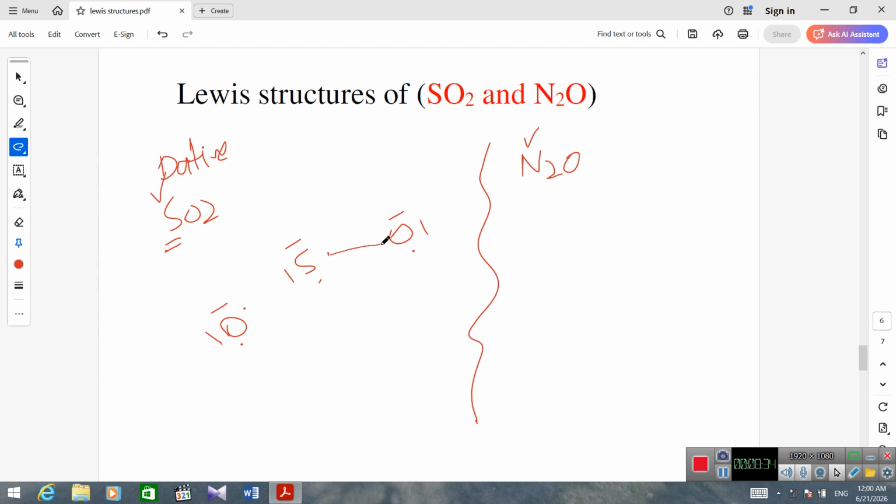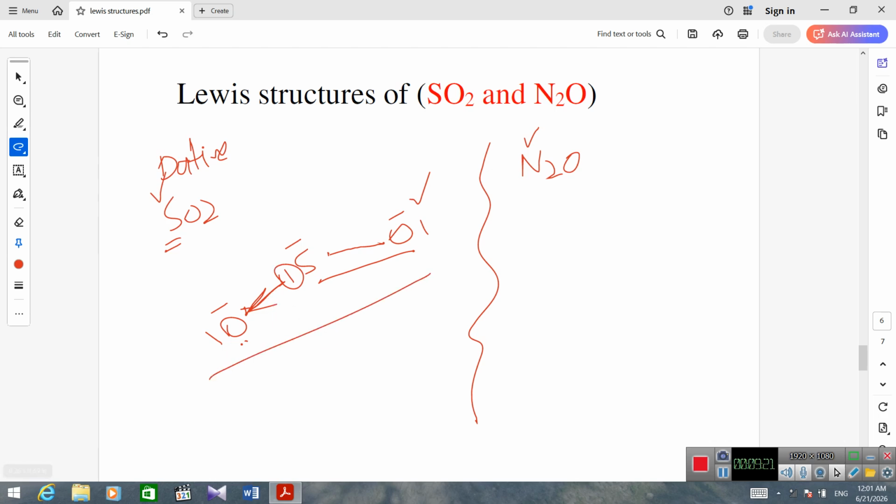We connect single electrons and then count 2, 4, 6, 7 again, and 2, 4, 6, 8, but for forming another covalent bond, the sulfur has no single electron, and we have to unpair the electrons, creating an empty place, and the sulfur donates its pair of electrons, and as you can see, a dative bond is formed.